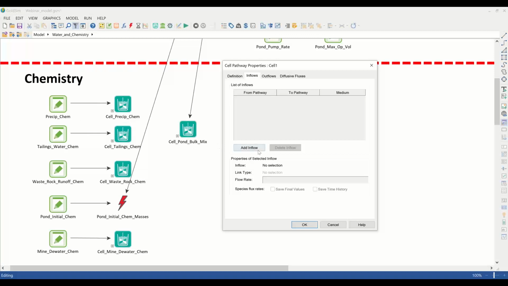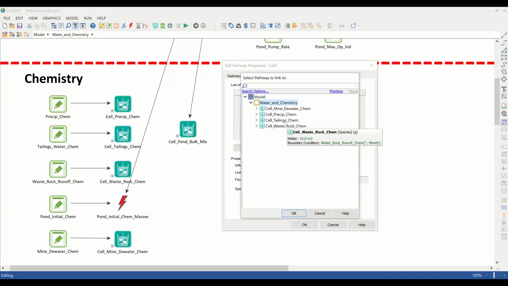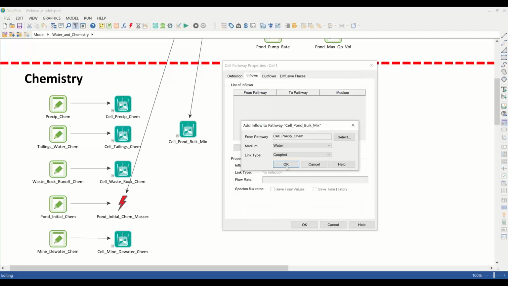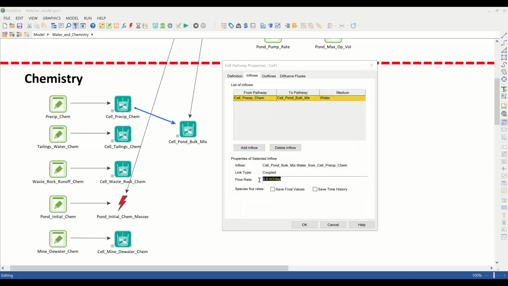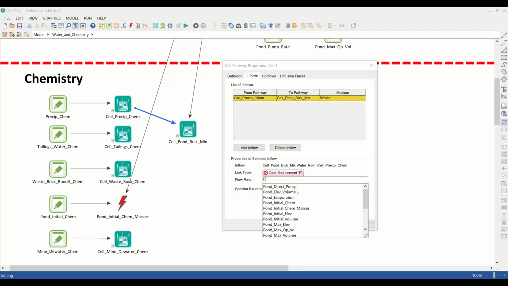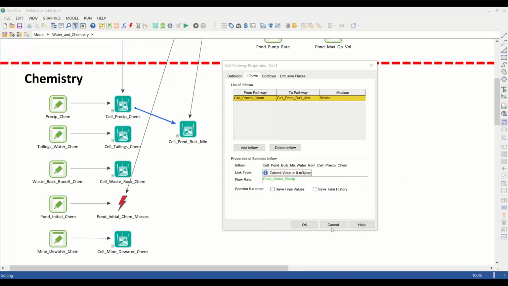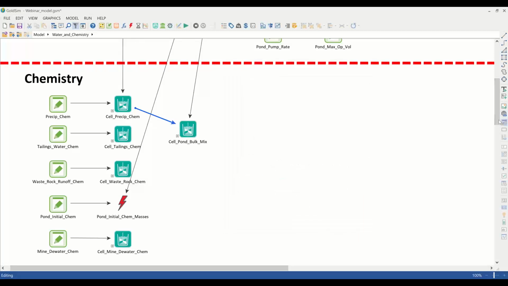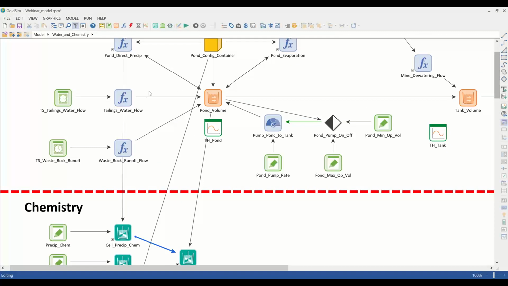So the first one is precip. So I'm going to add an inflow from the cell that's called cell precip chem. And the rate at which it comes in is equal to the pond direct precip. So if I close that out and I looked back up here, you can see now we've connected the water balance into our chemical balance, at least for that particular element.